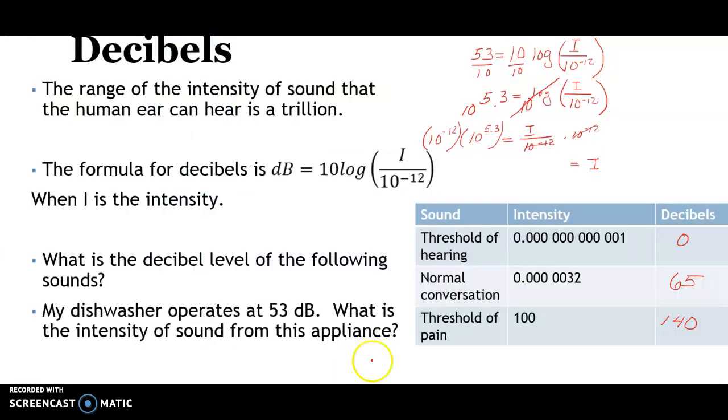So going back here to write my answer, I had 1.995 times 10 to the negative 7th power. This means I need to move my decimal 7 places.